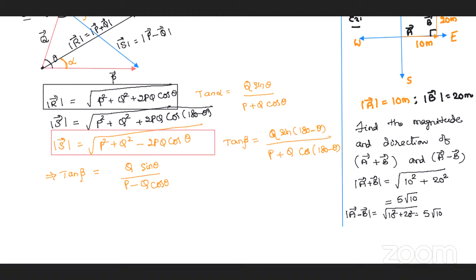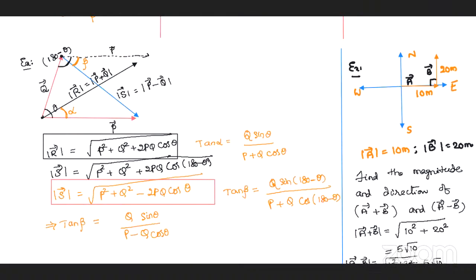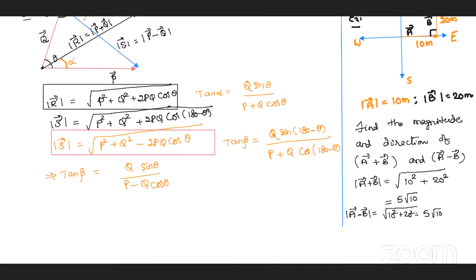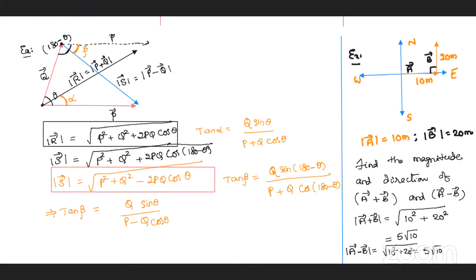So what you understood from this problem: when two vectors are perpendicular to each other, it is very easy to find the magnitude of the addition and the subtraction of two vectors. Directly you can apply Pythagoras. Why?